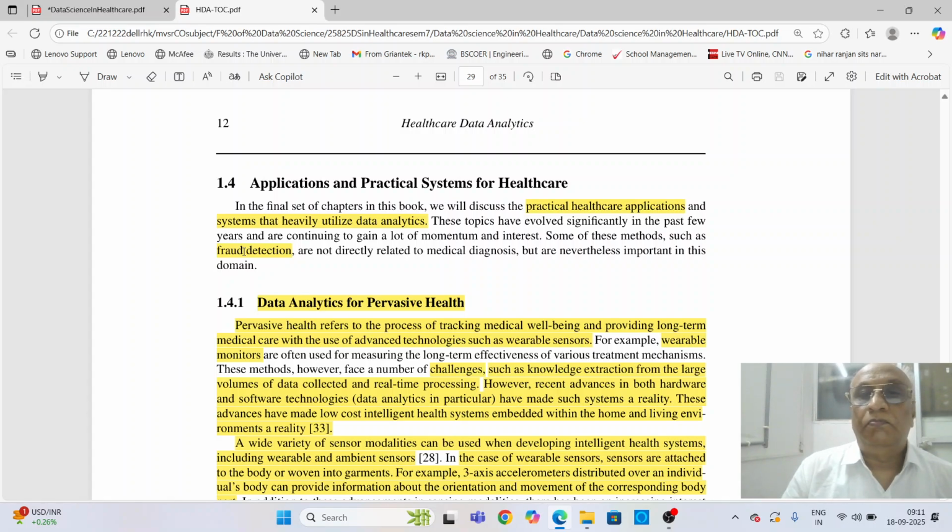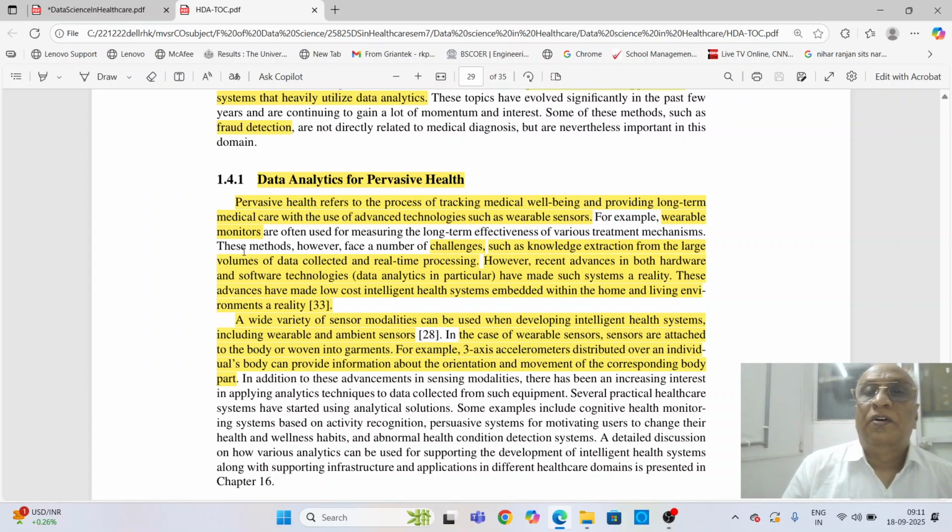So there are many practical healthcare applications and systems which utilize data analytics and data science. One of the areas is fraud detection, though directly not related to medical diagnosis, it still is very important.